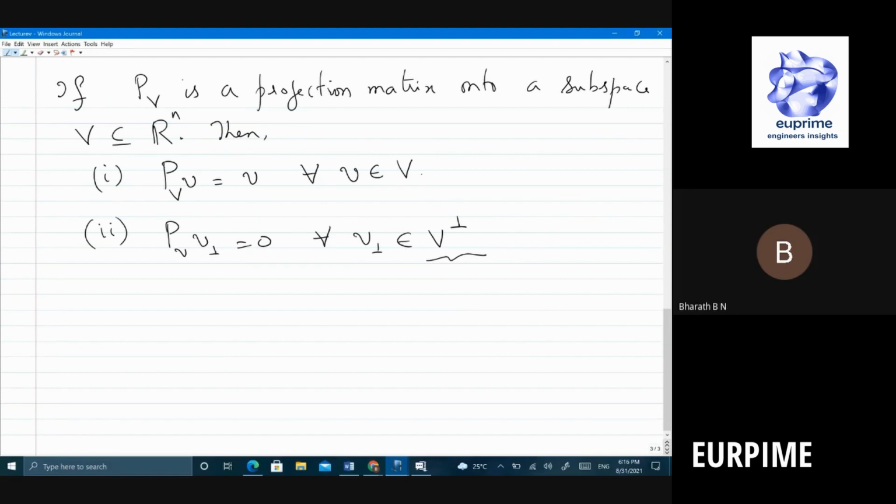In fact, you can explicitly construct matrices which have this property for a given subspace. The reason I wanted to talk about this is because there is another way of looking at projection, right? I had given a mathematical or an optimization characterization of projection, right?